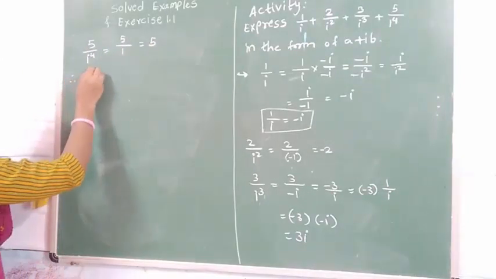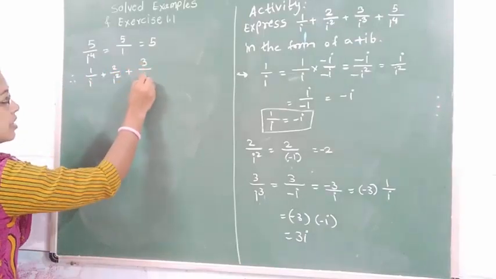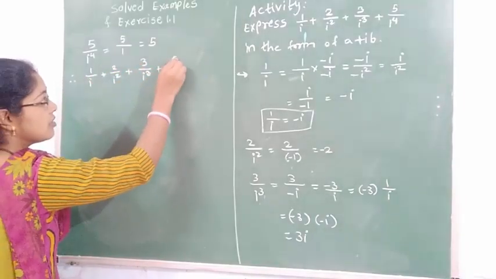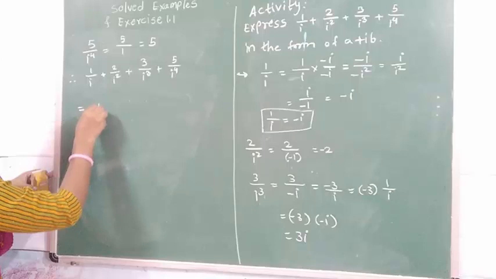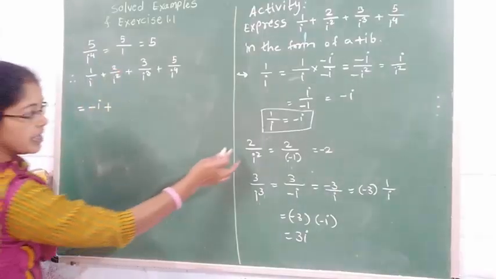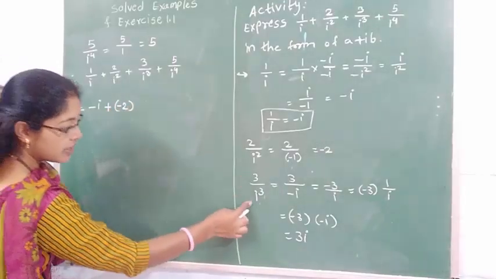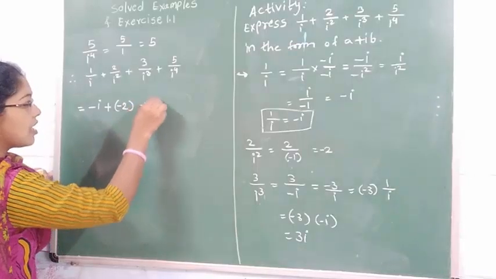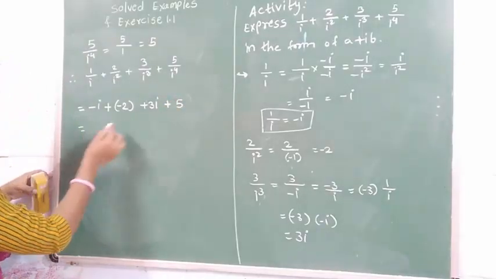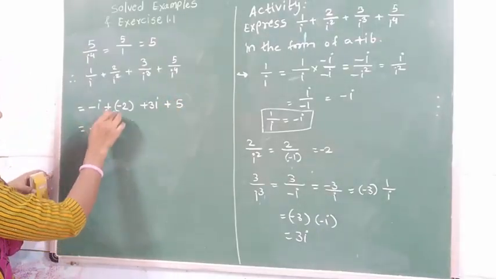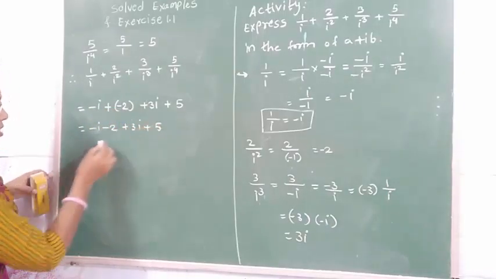So therefore 1 upon i plus 2 upon i square plus 3 upon i cube plus 5 upon i raised to 4 is equal to 1 upon i is minus i plus 2 upon i square is minus 2, and this is 3 upon i cube is plus 3i, and this is 5 upon i raised to 4 is 5. So this is minus i plus minus is minus. This is plus 3i. This is plus 5.